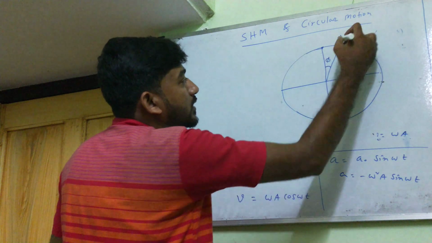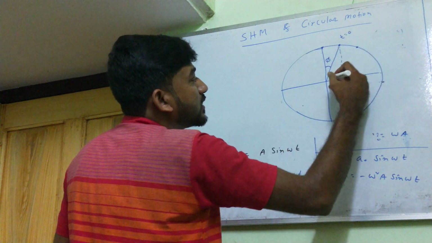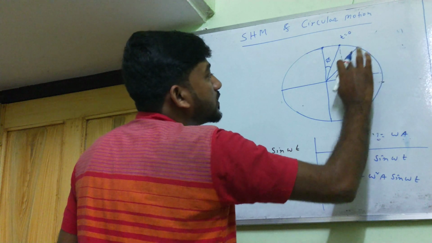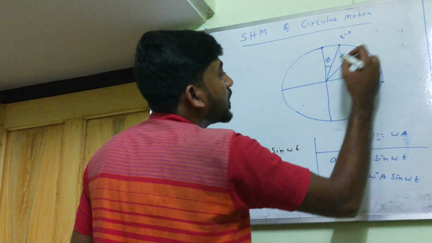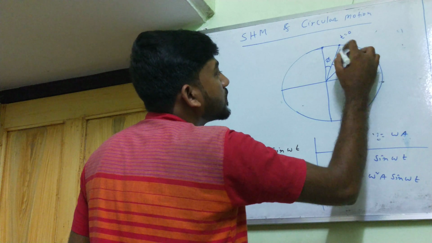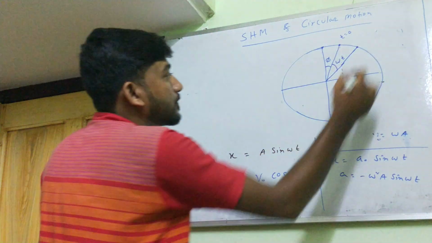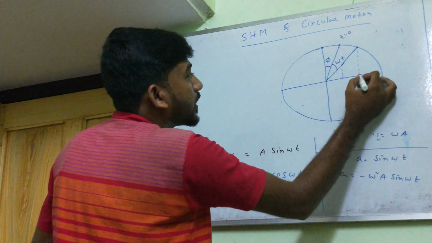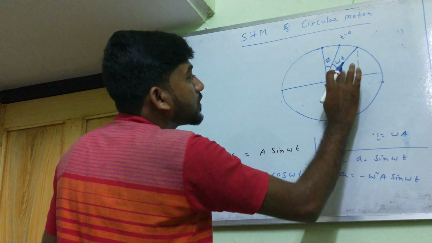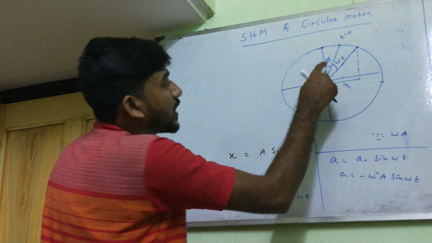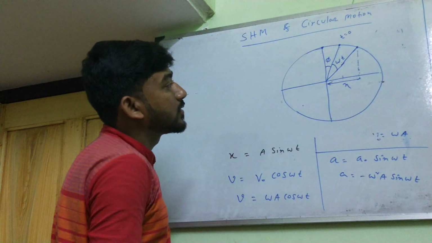Now from here, after a certain time interval t, if it goes to this point, then this angle will be omega t. So the total angle for this case, this will be x, and the total angle is phi plus omega t.